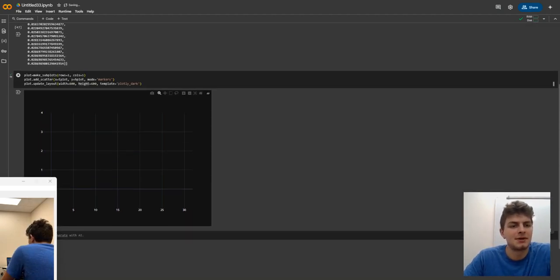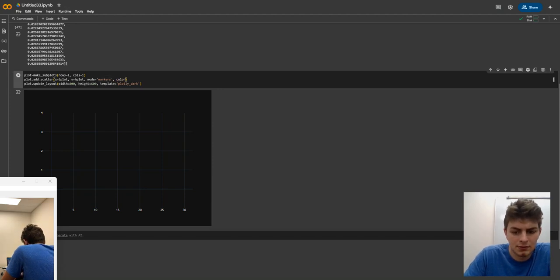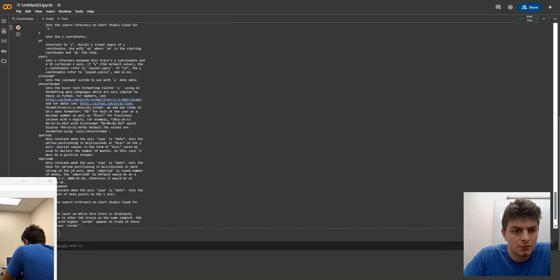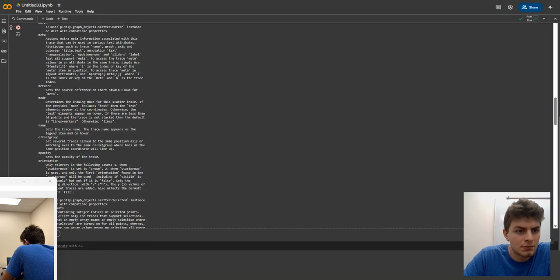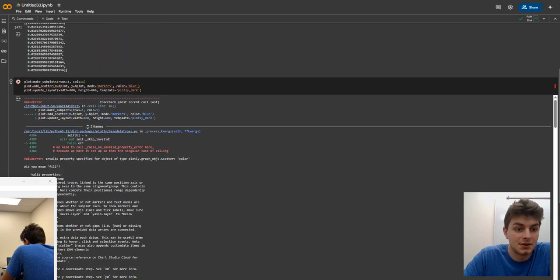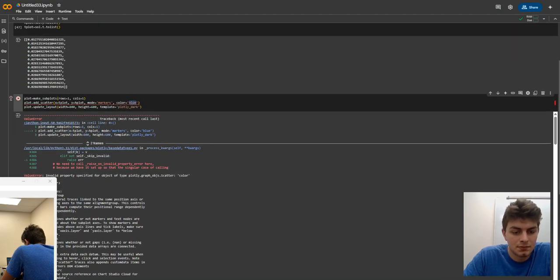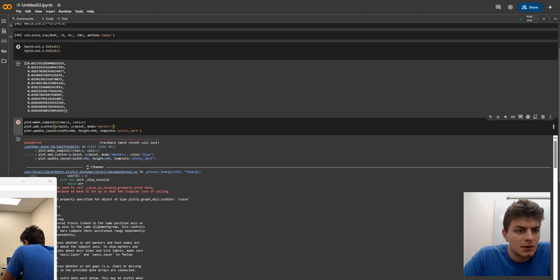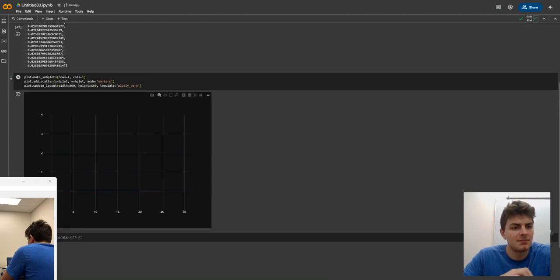It's very odd that we're not getting markers here. This blue's not a color we can do. Okay, x equals t plot, y equals h plot. We gotta be close.